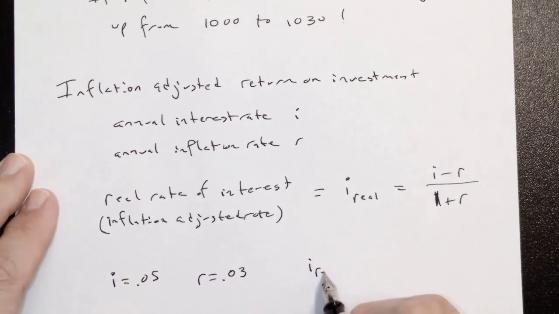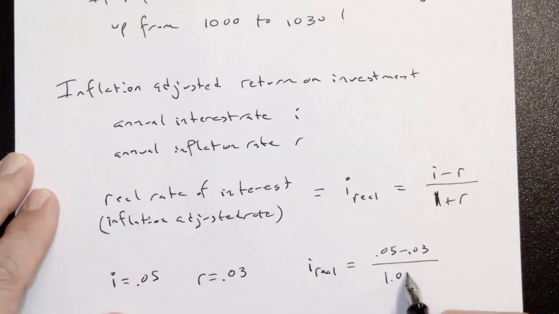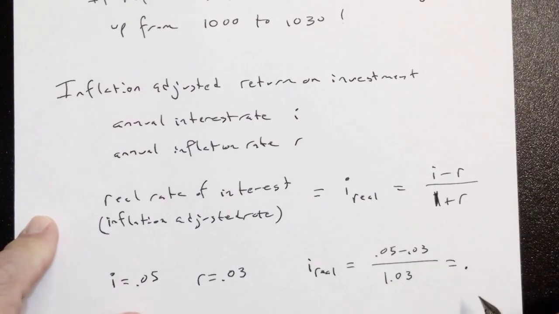But if that's the case, then I real is 0.05 minus 0.03, there's the $20, and then I divide by 1.03, which is 1.94%.